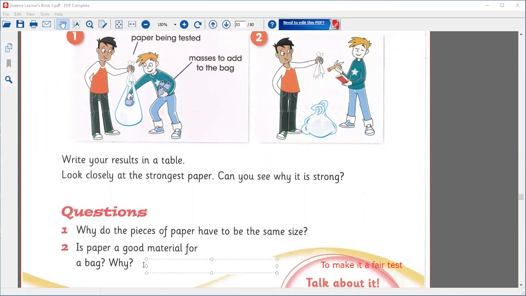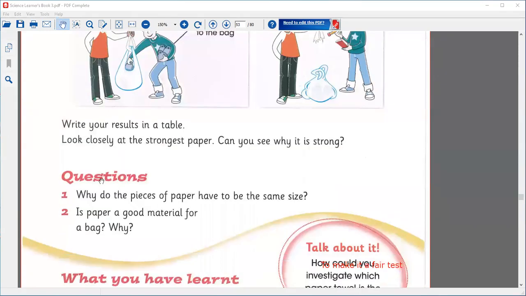So we need to write here: paper is not stronger, or you can also write like this.